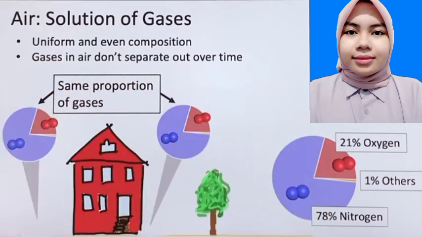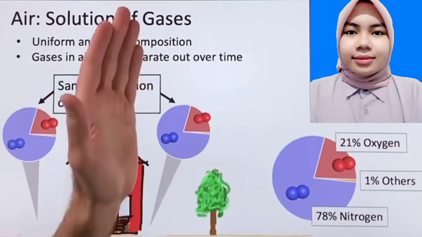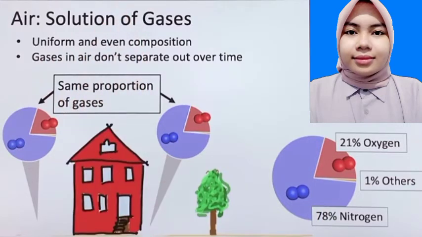So we need oxygen to breathe, but you never have to worry that one day all the oxygen is going to separate out and float up in the sky. So for air, the composition is even and the gases don't separate out over time.